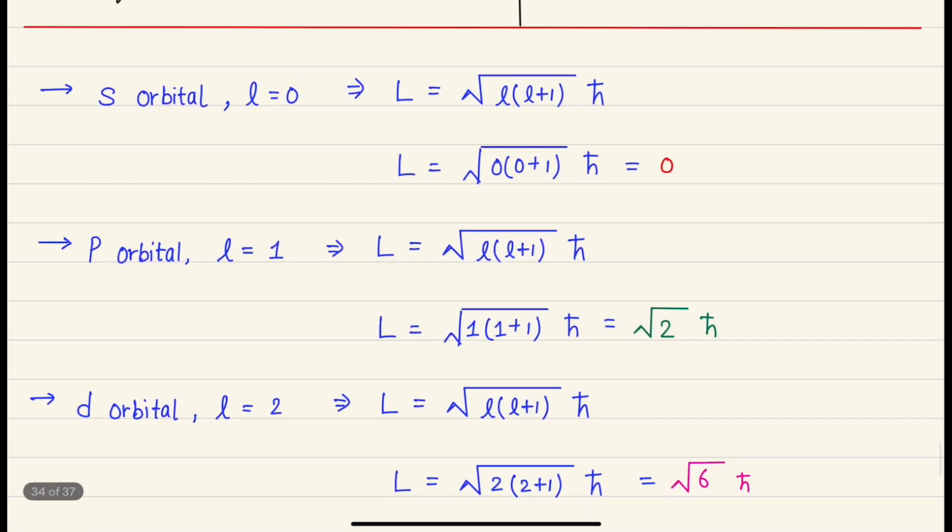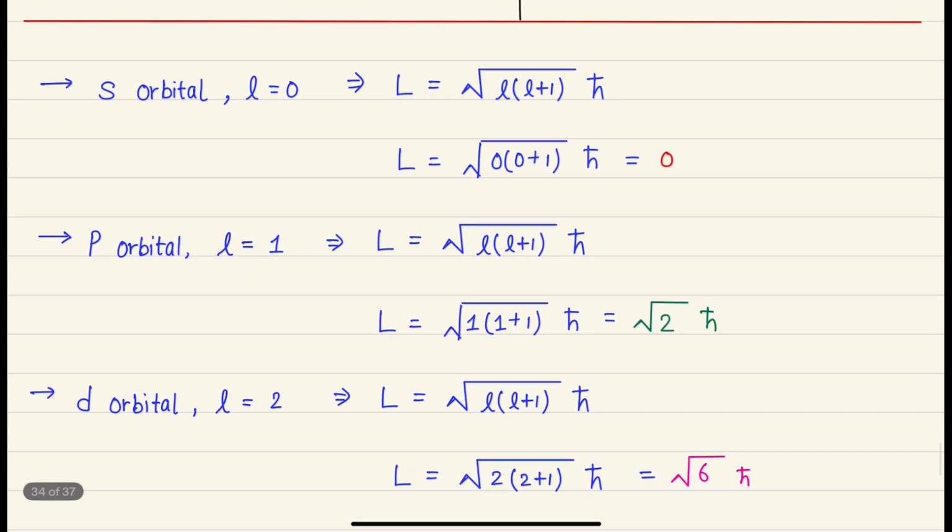Now suppose an electron is present in the s orbital, and you want to find the orbital angular momentum of that electron, which is revolving, doing a motion, and due to motion we get orbital angular momentum.